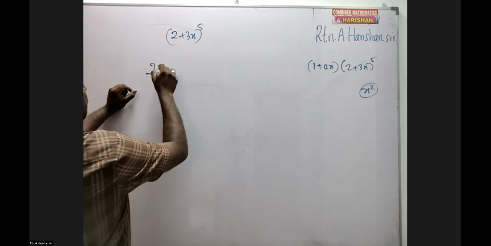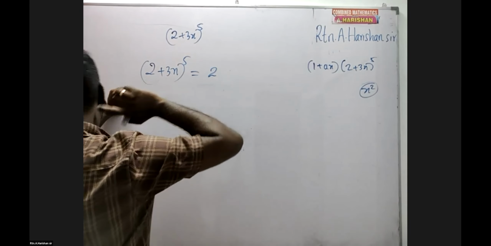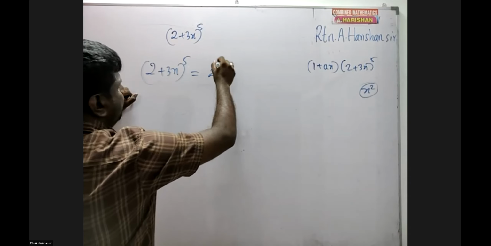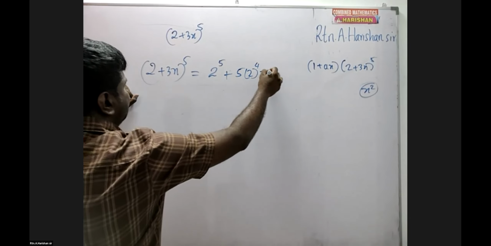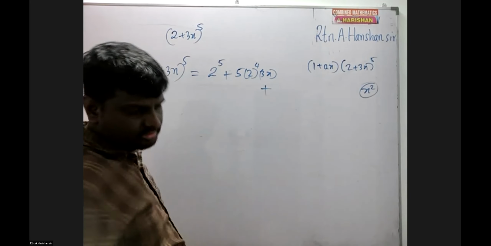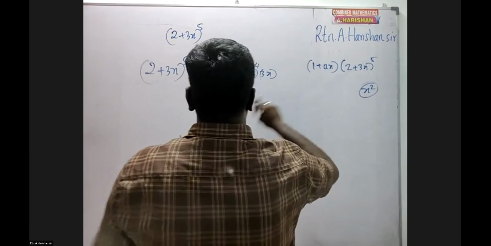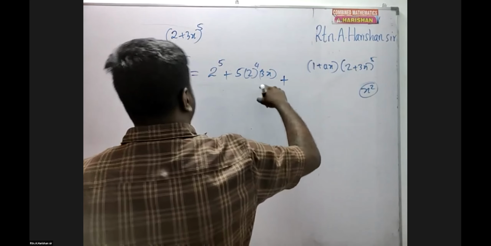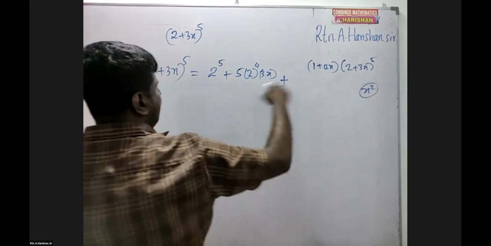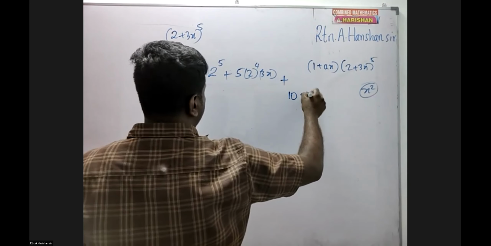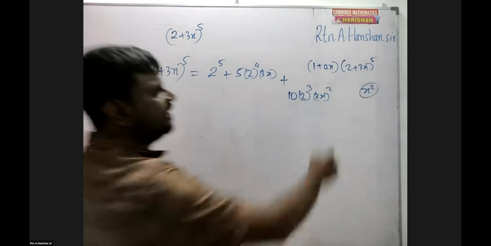So easy: (2 plus 3x) to the power 5, first 3 terms. 2 to the power 5 plus 5 into 2 to the power 4 into 3x plus 10 into 2 to the power 3 into (3x) squared. First 3 terms only; you have to write plus dot dot dot.